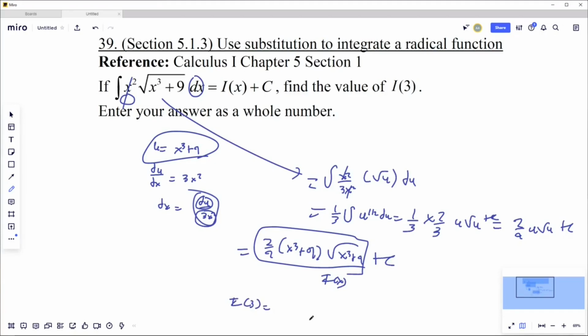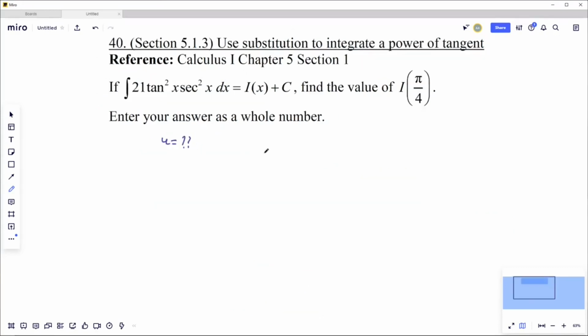You get 2 over 9 times 3 to the power of 3 plus 9 times square root of 3 to the power of 3 plus 9, you get 48, which is the correct answer. So pretty much, for this one, it's like the previous question in that you need to pick your u.